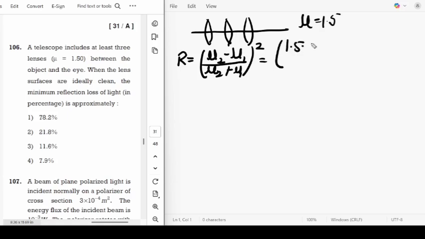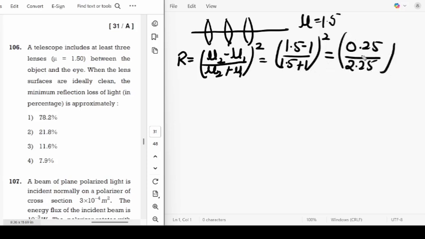So (1.5 minus 1) over (1.5 plus 1), the whole squared. 1.5 minus 1 is 0.5 and 1.5 plus 1 is 2.5, the whole squared. Cancelling, we get (1 by 5) whole squared.